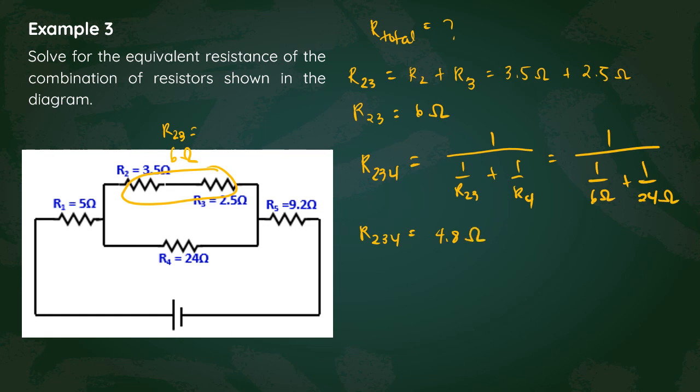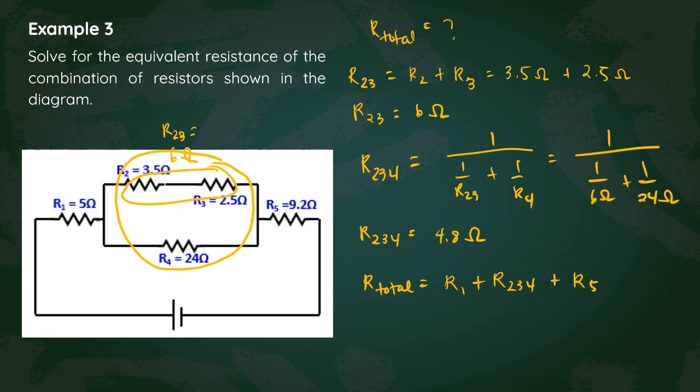But you still have R1 and R5. We were already able to combine R2, R3, and R4. And R2, R3, and R4 are in series with R1 and R5. Those are the remaining resistors. To solve for the equivalent resistance, it's just R1, since they are in series, plus R234 plus R5.